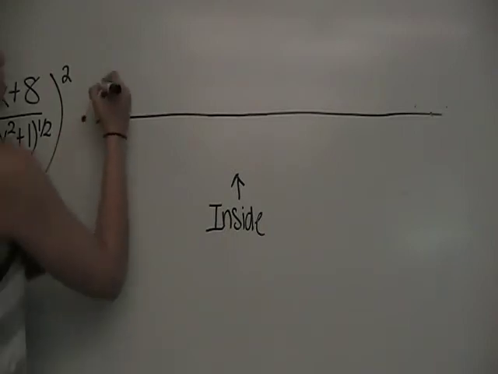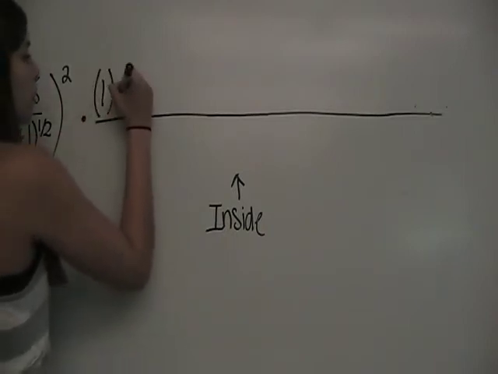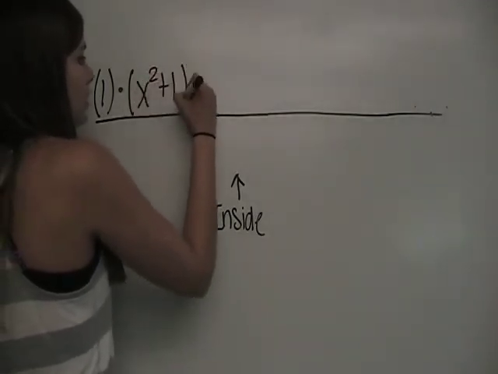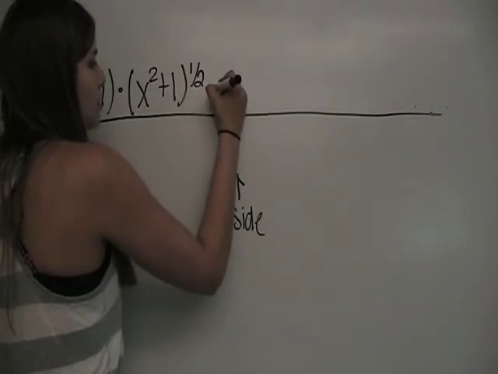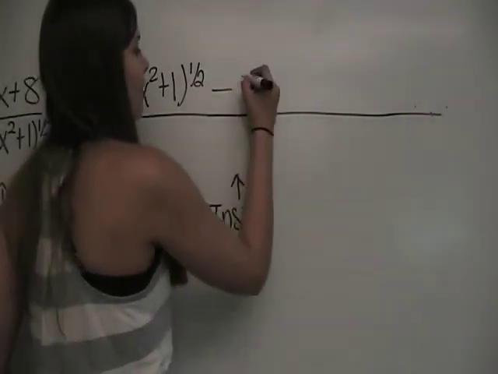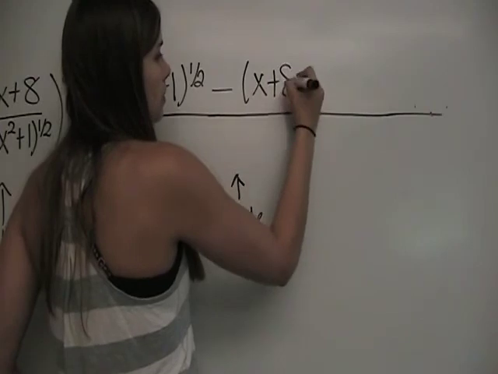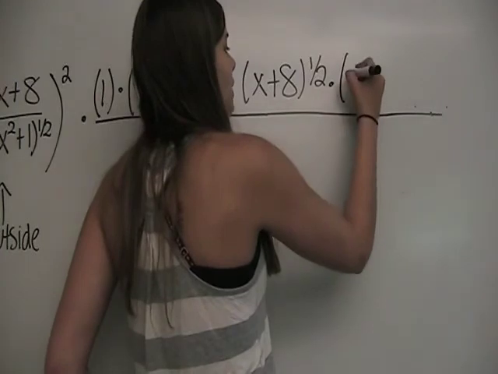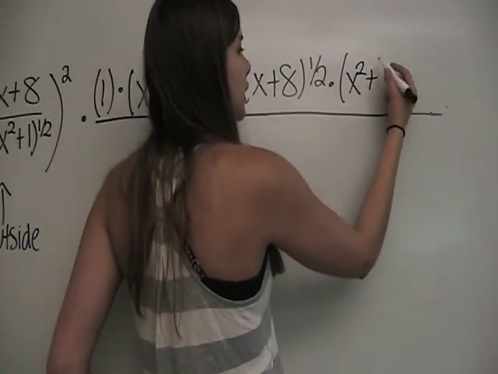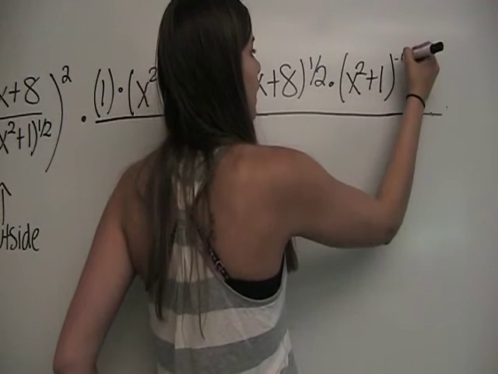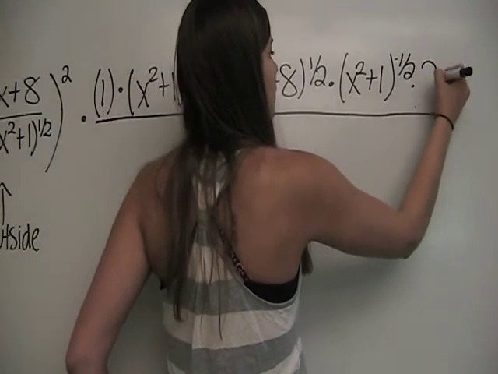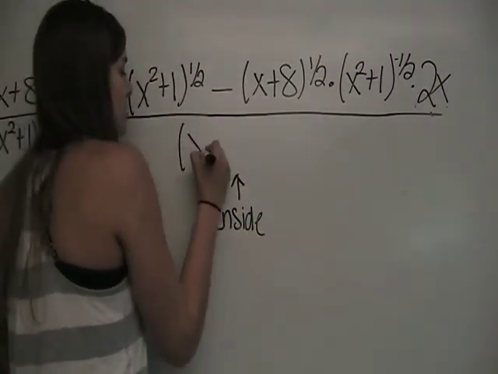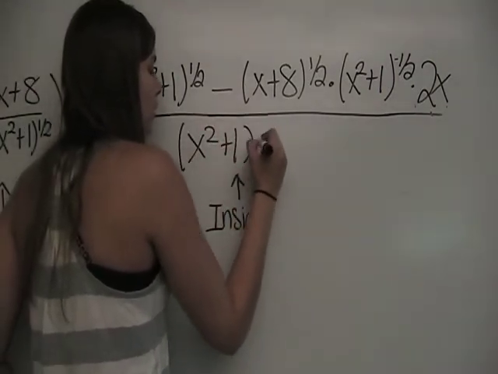So we're going to add the derivative of f, which was 1, multiplied by just g of x, which is x squared plus 1 to the 1/2, all subtracted by regular f of x to the 1/2, multiplied by x squared, which is the derivative of g, plus 1 to the negative 1/2, multiplied by 2x. And the bottom is g of x squared, which is x squared plus 1 squared.